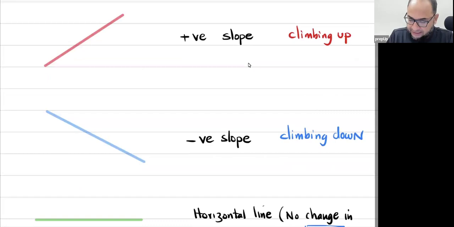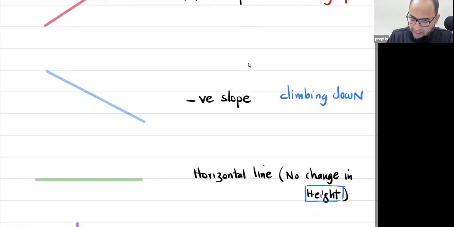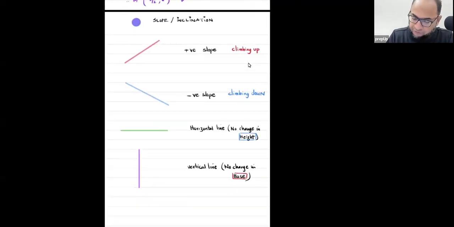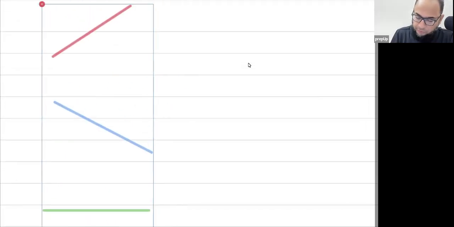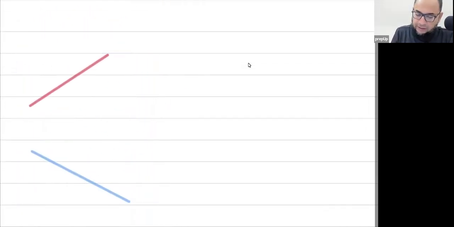Now, if I take the same thing, let me just copy these 4 lines and let me paste it over here and let's work it out. So now in the first line, let me label this as A 0, 1.